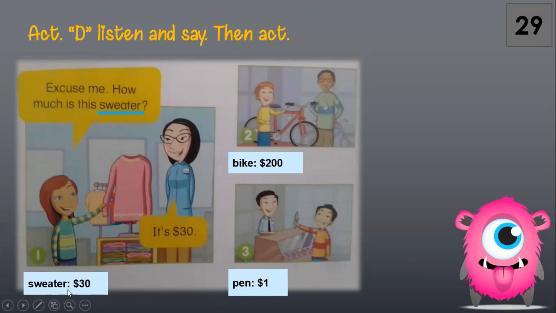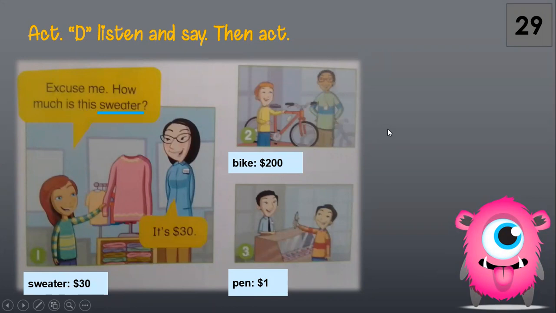How much is this, in this case, sweater? How much is this sweater? And having this information in number one, you can see 30. It's $30. Now, here we have two more examples, number 2 and number 3.